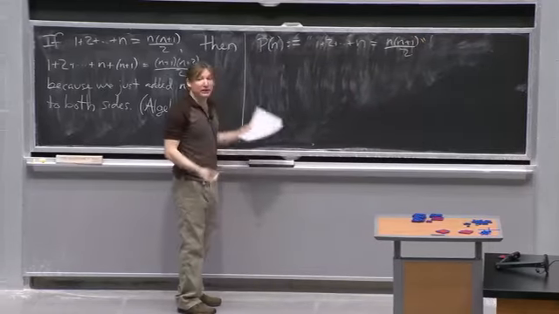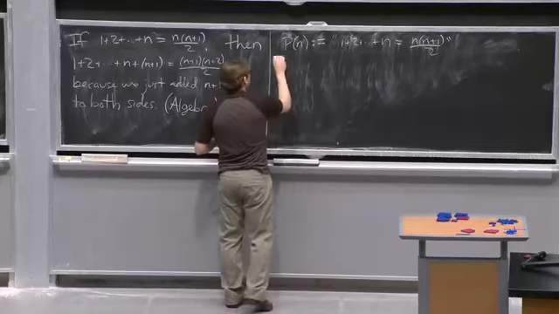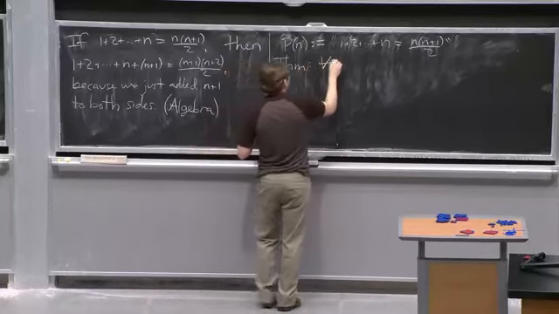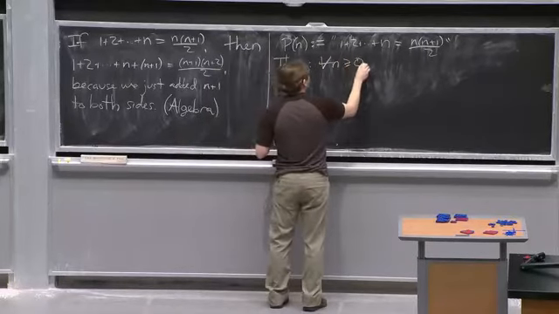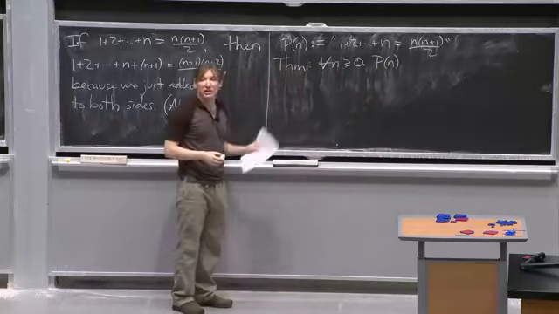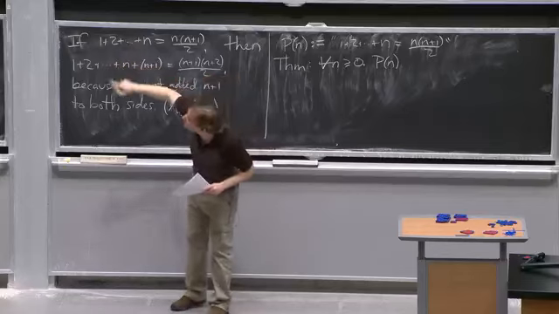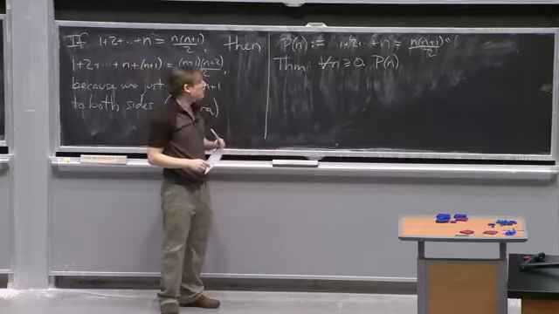So P of n is a predicate. It's not a theorem on its own. What is a theorem is that for all n greater or equal 0, P of n is true. That's what we're being asked to prove. That's just a restatement of our theorem from the top board over there.